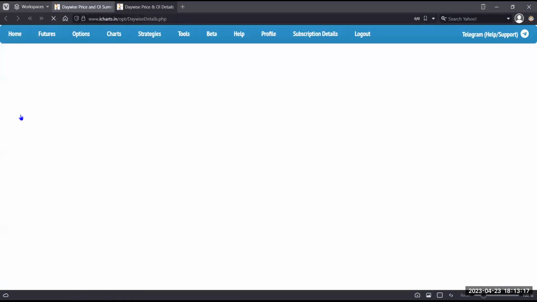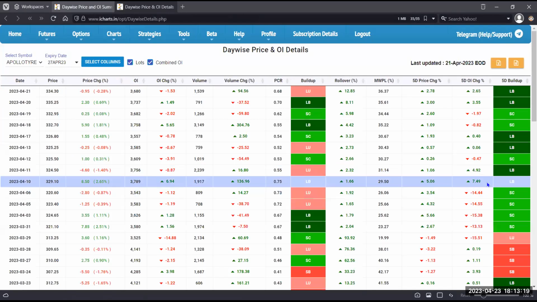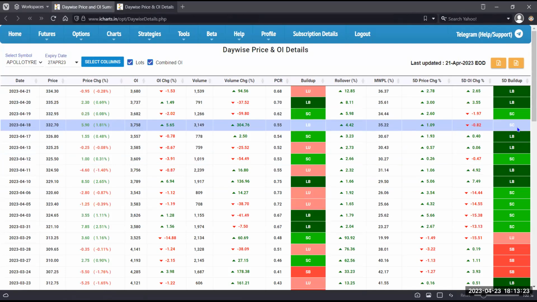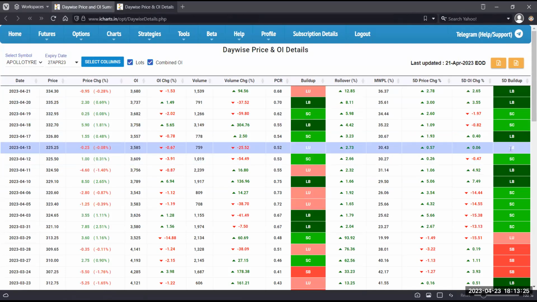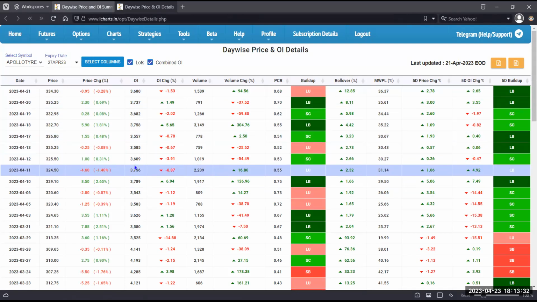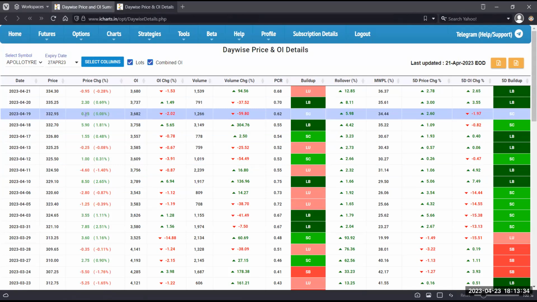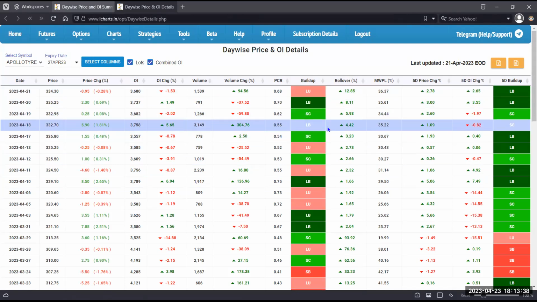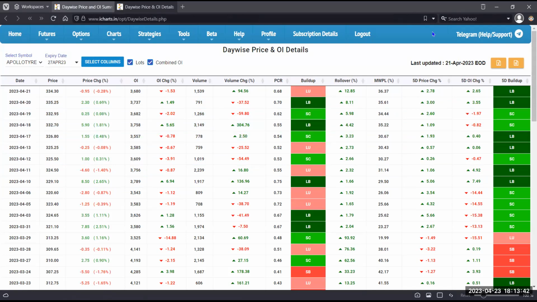If you click here, it says that the last few days have been bullish. That is what the 5-day summary was indicating. Once you identify such scripts, you can go to your charts and see what kind of support and resistance you have. And then based on that, you can probably take a position.